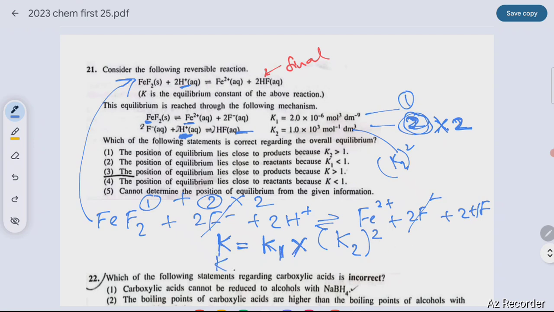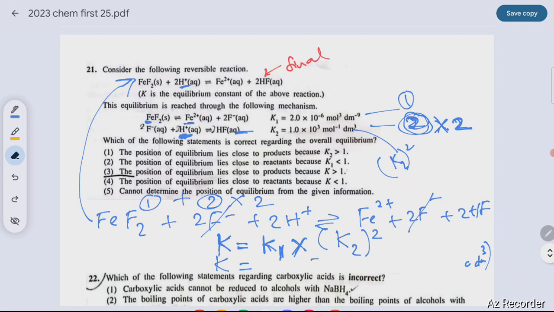So when we calculate our K, K1 is 2 × 10^-6 mol^3 dm^-9, and K2 is 1 × 10^3 mol^-1 dm^3.